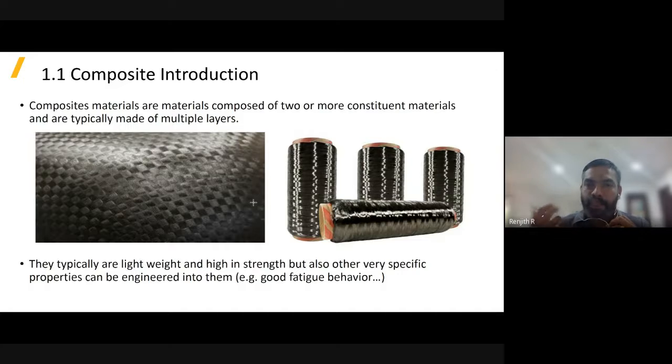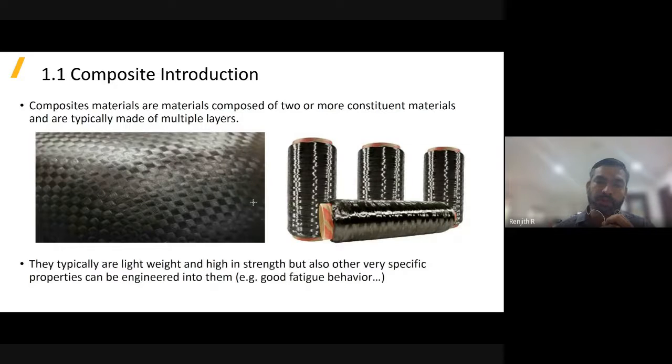The constituents have two parts. The first part is the matrix. The second part is the reinforcement. The matrix can be a synthetic one or a natural one, which means we can use a bio matrix or a synthetic matrix. That flexibility is given by the composite, and it also applies to reinforcement.